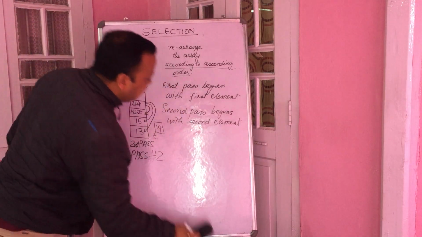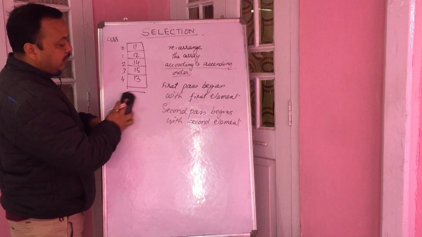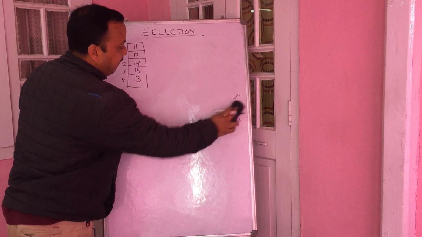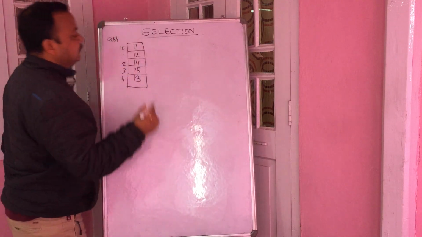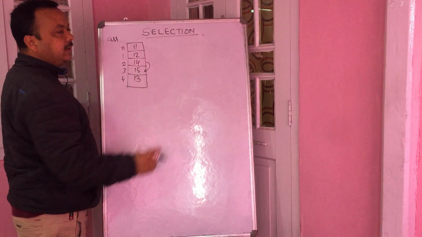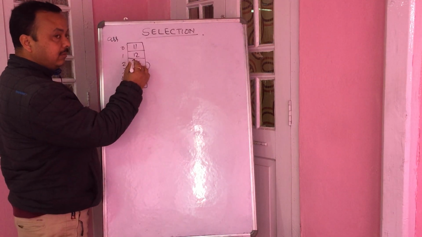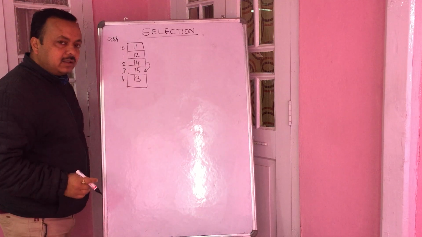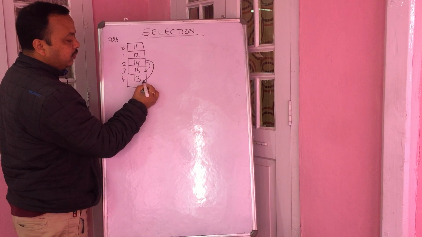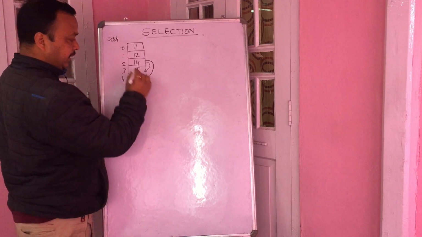When we start the third pass, the third pass starts with the third element. So is 14 greater than 15? No, 14 is not bigger than 15. So we'll compare whether 14 is bigger than 13. Yes, it is.